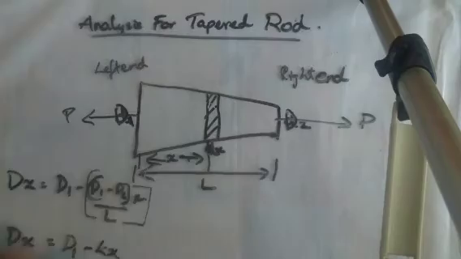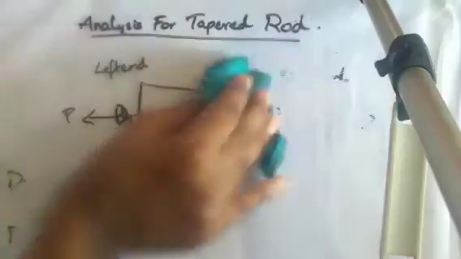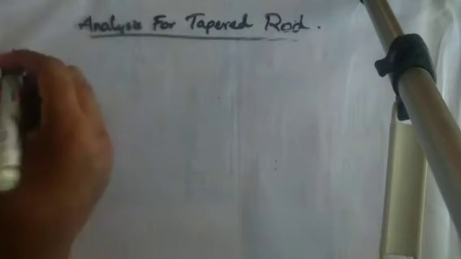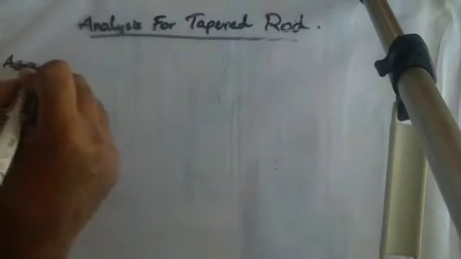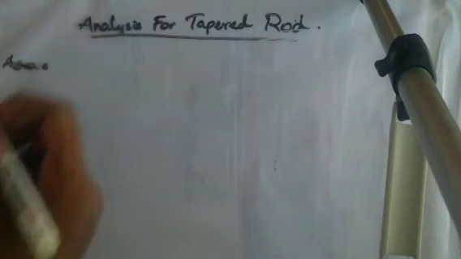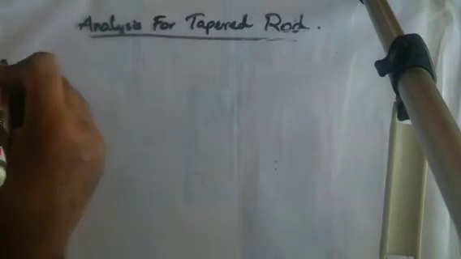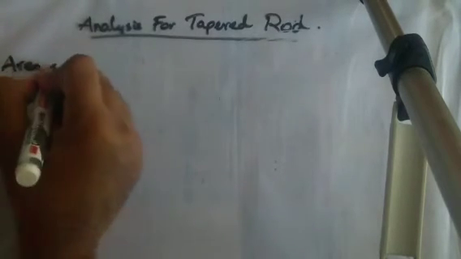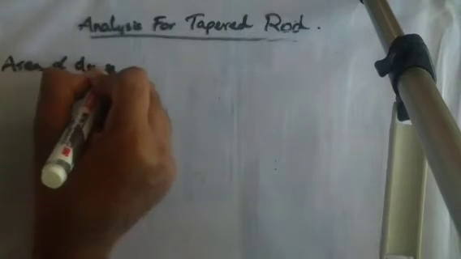What will be the area of the section dx?